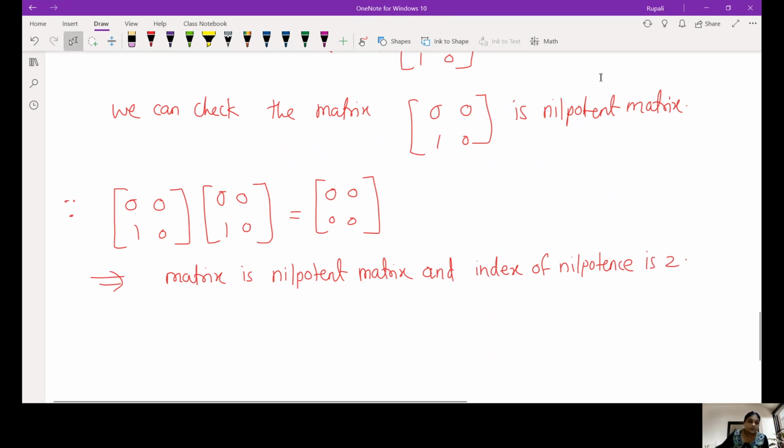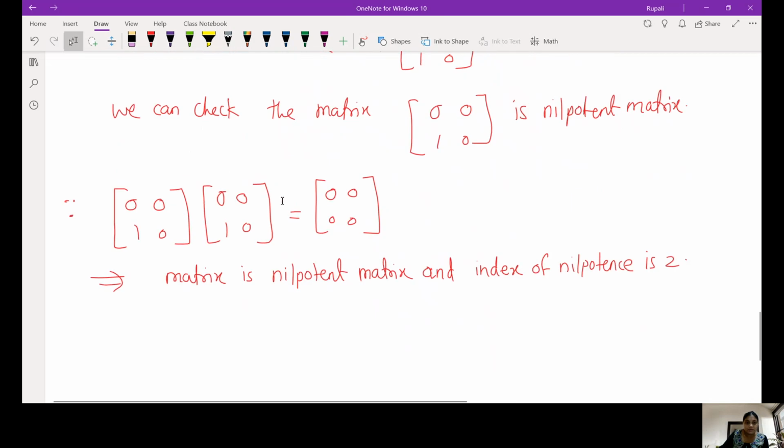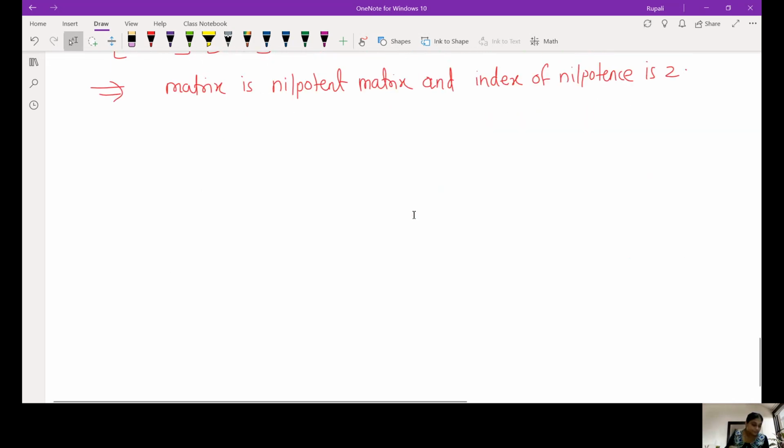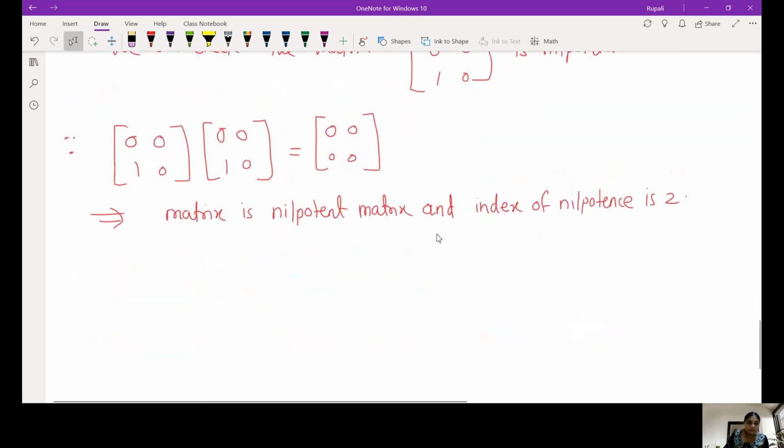Okay. If the square is 0, then obviously the third power, fourth power, all powers of that matrix are 0. So that is my A. A I have written in terms of 2I plus 0, 0, 1, 0.